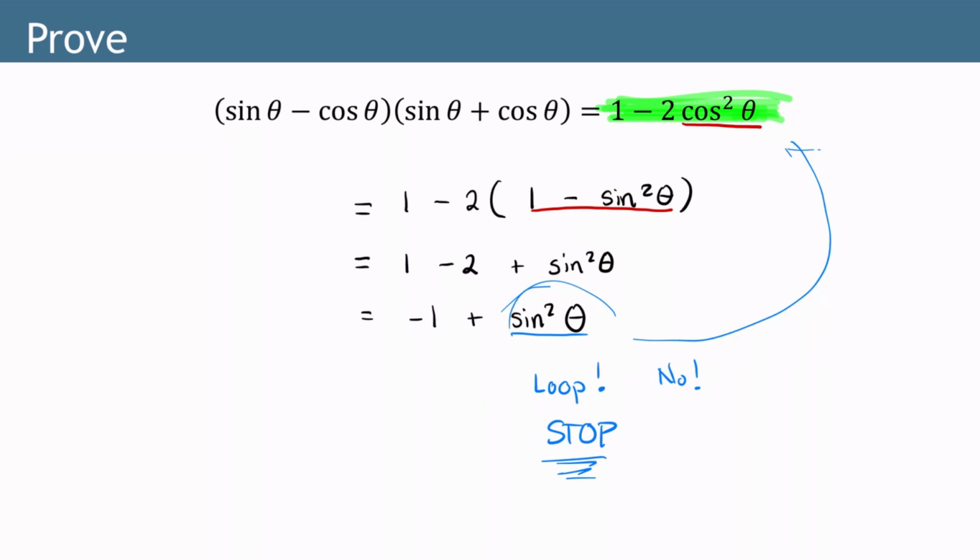Start over with the right-hand side and try a different thing. Like on the previous slide, we swapped out the 1 for sine squared plus cosine squared. By the way, I could do that at this point, and that might actually get me there. But this happens sometimes. You get these loops and get stuck. So stop, start over, pick the other side, maybe play with that. That's another piece of advice for you, and that even happens to me. So there you go.